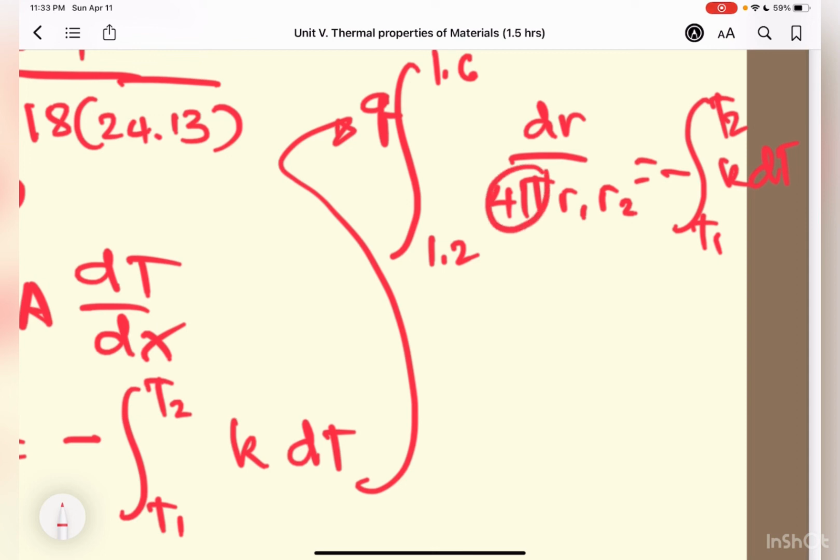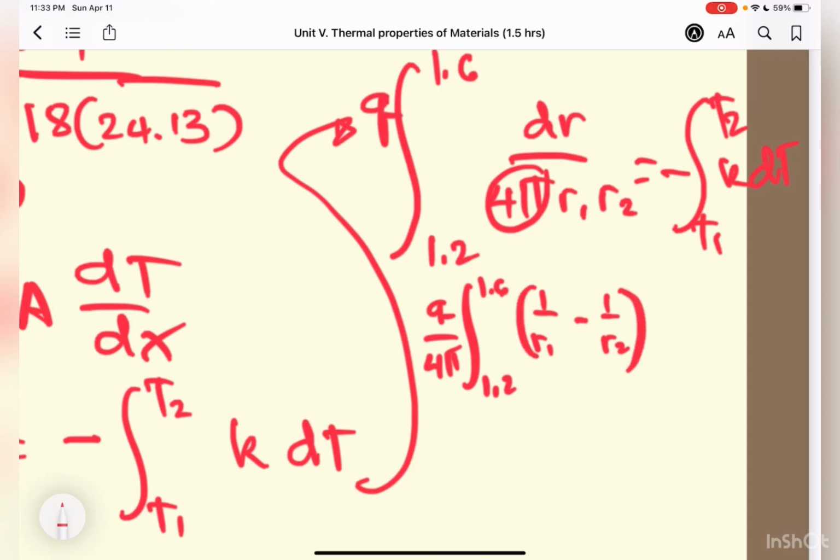These are constants, so I could bring that out. So I have Q over 4 pi integral from 1.2 to 1.6, the integral of dr over r1 r2 is equivalent to 1 over r1 minus 1 over r2.